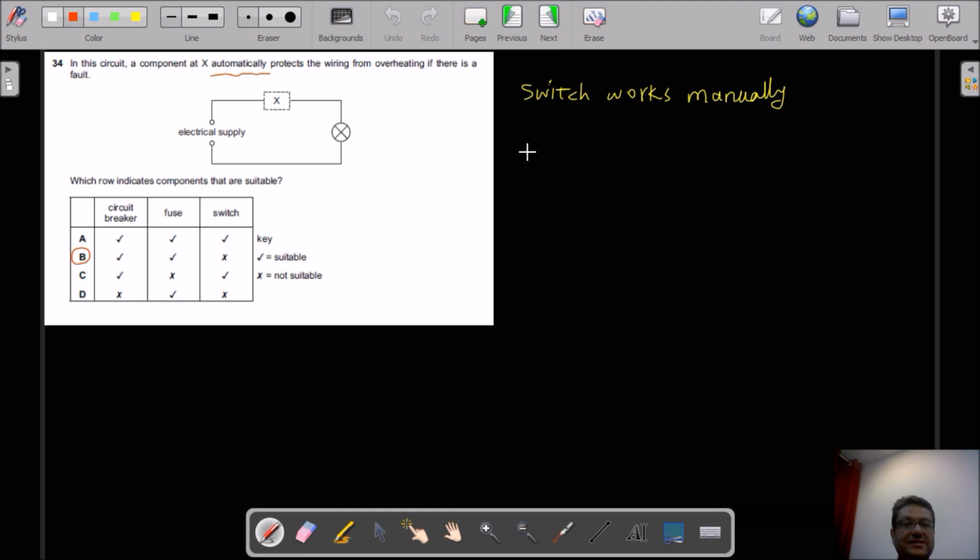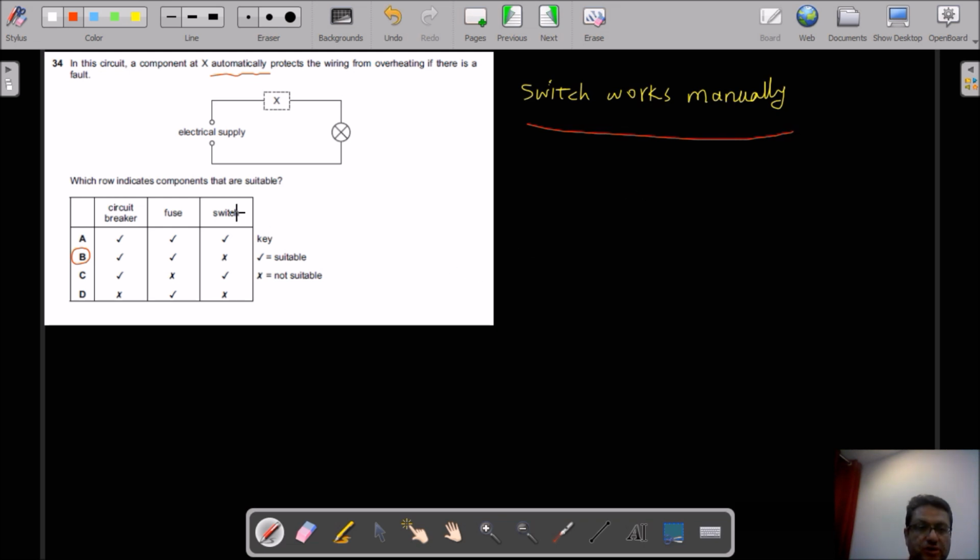Question 34, in this circuit, a component at X automatically protects the wiring from overheating if there is a fault. Which rod indicates components that are suitable? First of all, one important point is that a switch works manually. That's why you cannot use a switch for automatic protection.